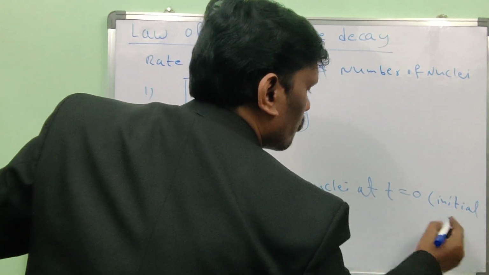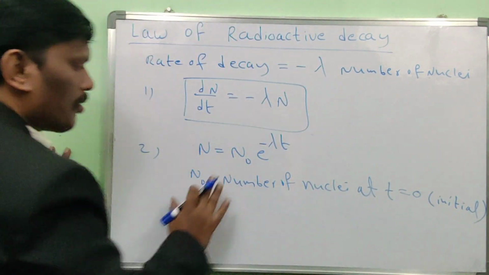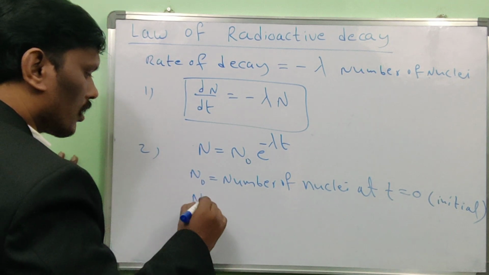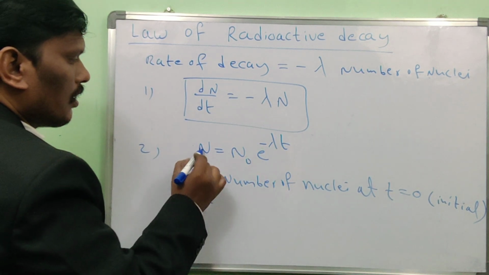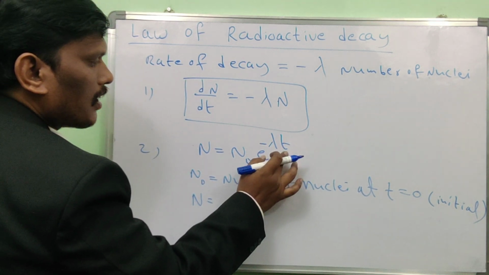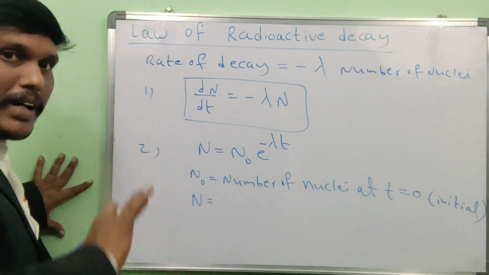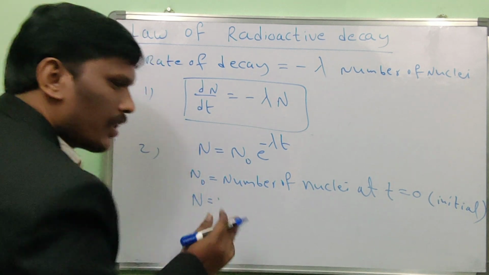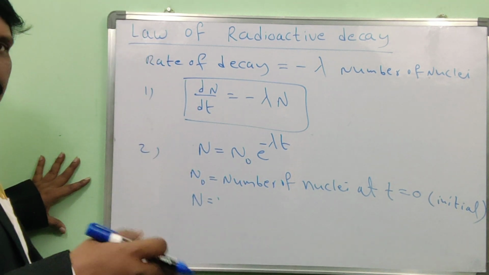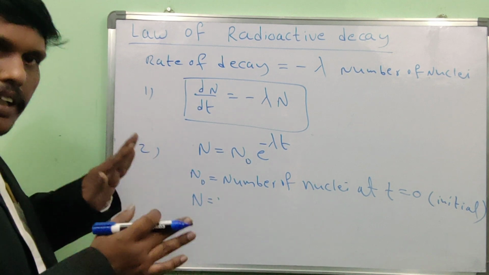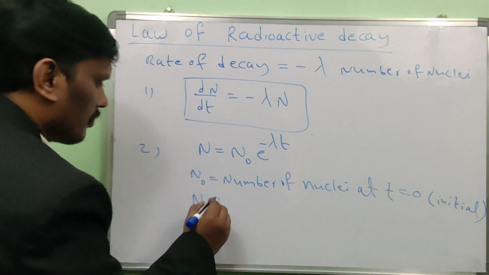So the initial number of nuclei is N naught. N means the number of nuclei after time t. After time t, what is the number of nuclei remaining? Because some of the nuclei have decayed, no? So the number remaining is N.